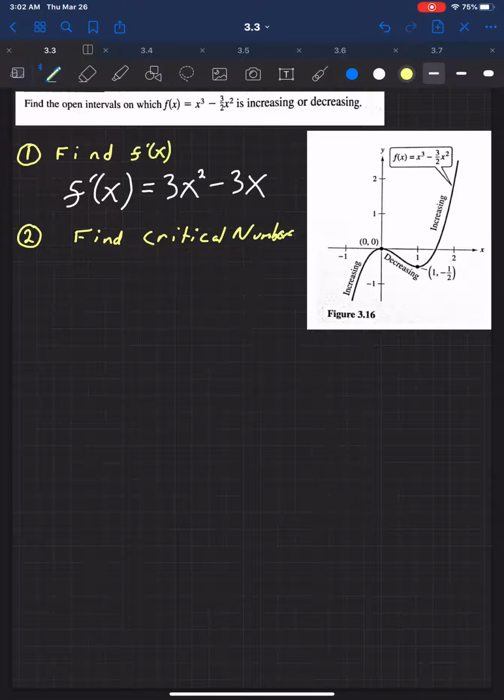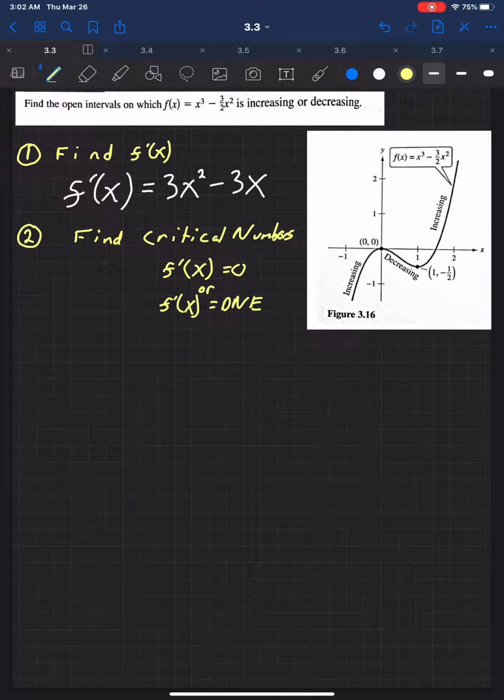Now, if you recall from the previous videos, just in case you have forgotten, the way we define a critical number is the x values where your derivative is either equal to 0 or your derivative is undefined, meaning it does not exist.